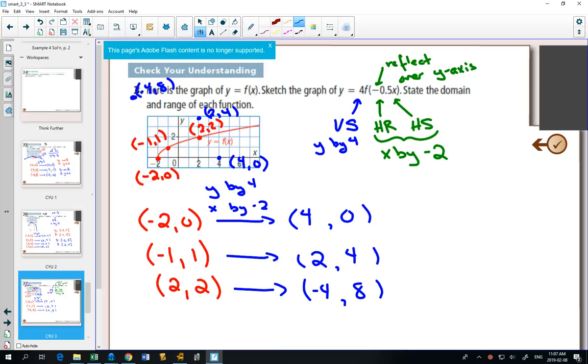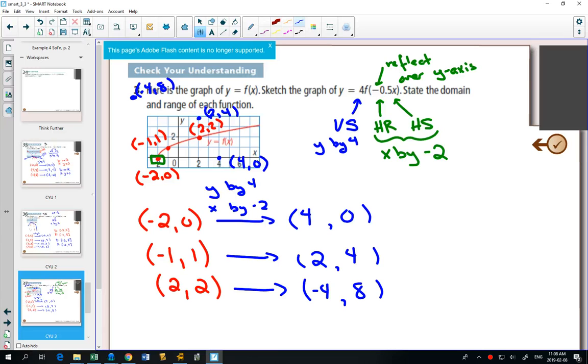Now, the next question that we have is we have two options. I could either start here and go down this way, or I could start here and go up this way. Don't write those down because one of them is wrong. How do we decide which one it's going to be? Well, a key point that I had on my red graph is this one. Can you see that that's sort of your starting point? That's where this square root graph actually starts.